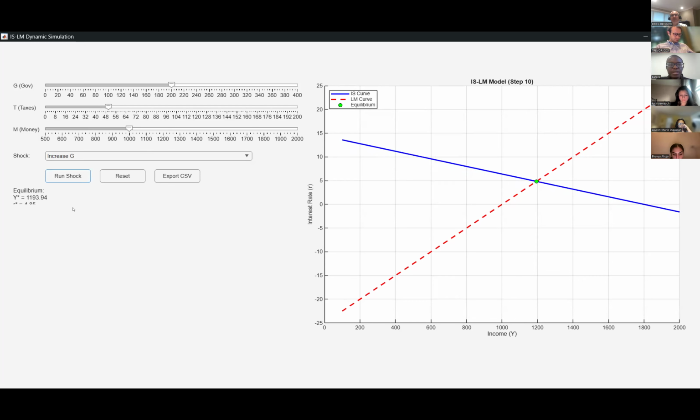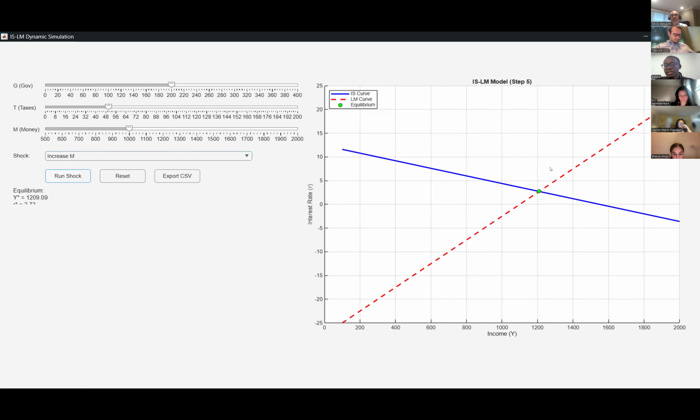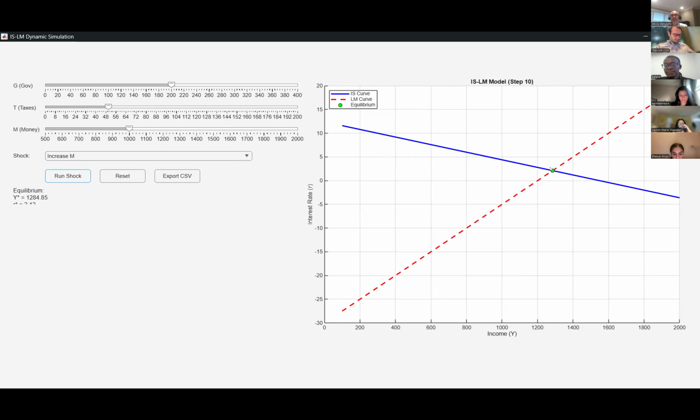And so this is the new equilibrium now, given the shock of the increase in government spending. And then you can also increase the money supply, or the level of money, which will affect the LM curve, which is the dotted line. And if I run the shock, it keeps going down. And then this is the new equilibrium with 2% interest rate and 1,200 output or income.